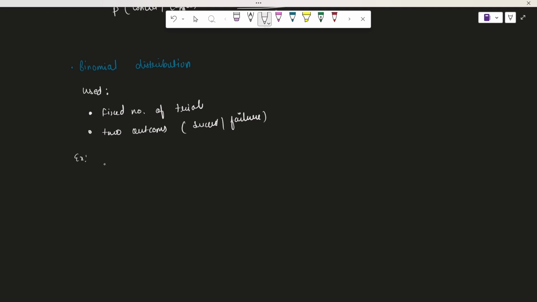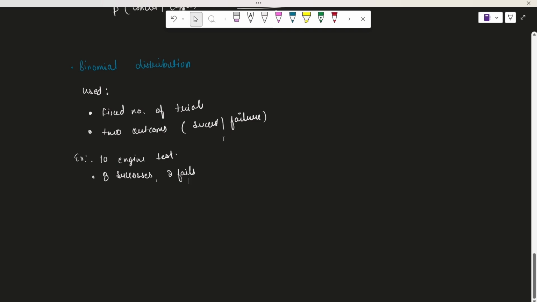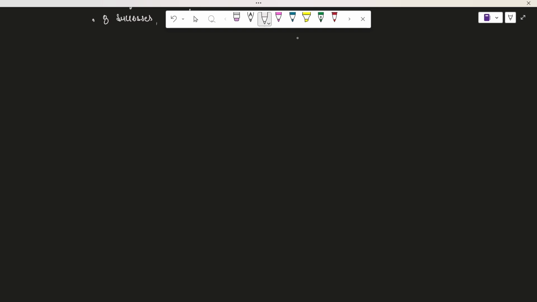For example, we have like 10 engine tests. Out of 10, 8 succeed and 2 fail. So it helps us to solve questions like, if the true success rate is 90%, how likely is 8 out of 10?